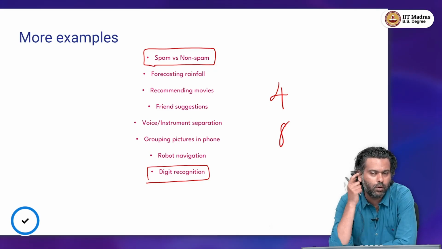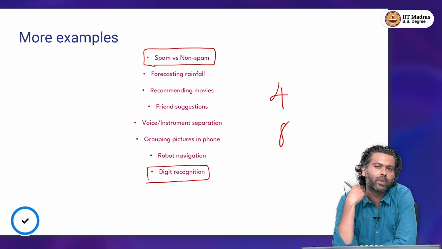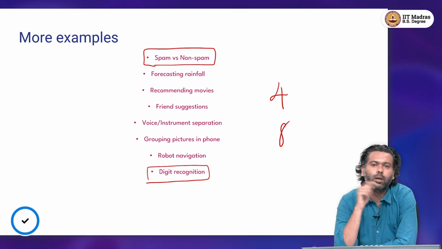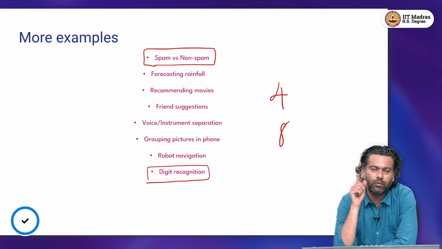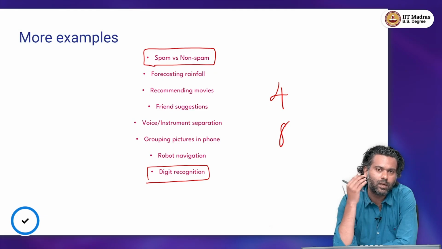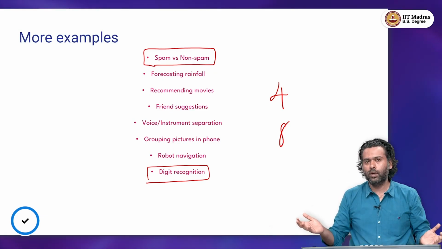Because there are small variations in the way you write a 4, I write a 4, you write an 8 and I write an 8, yet both of us understand the 4s and 8s that each of us write. Now, how can we make a computer recognize digits from handwriting? That's an interesting problem to solve, which is also a machine learning problem.